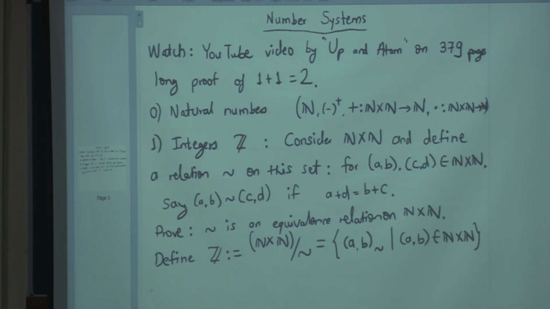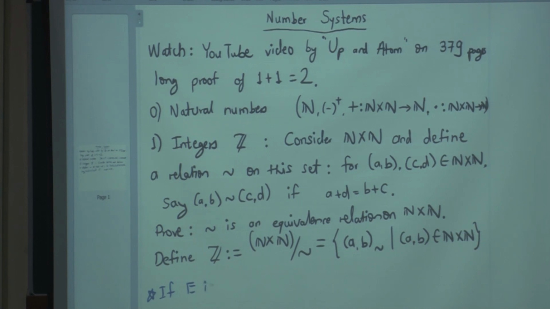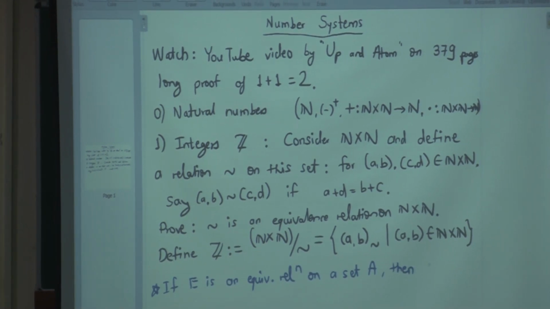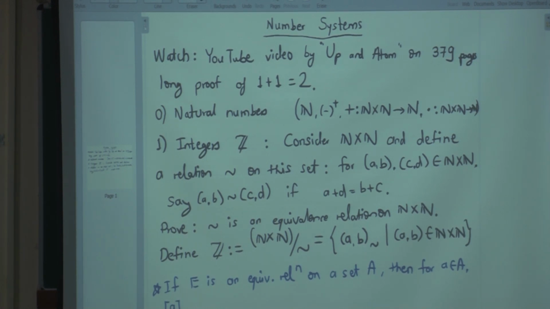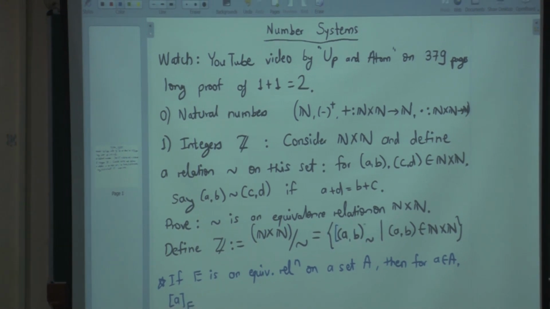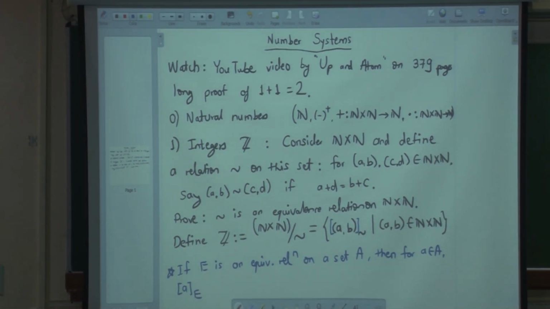So suppose, I'm going to write it in a different color. If E is an equivalence relation on a set A, then for a in A, I can write square brackets over here to make it more precise.